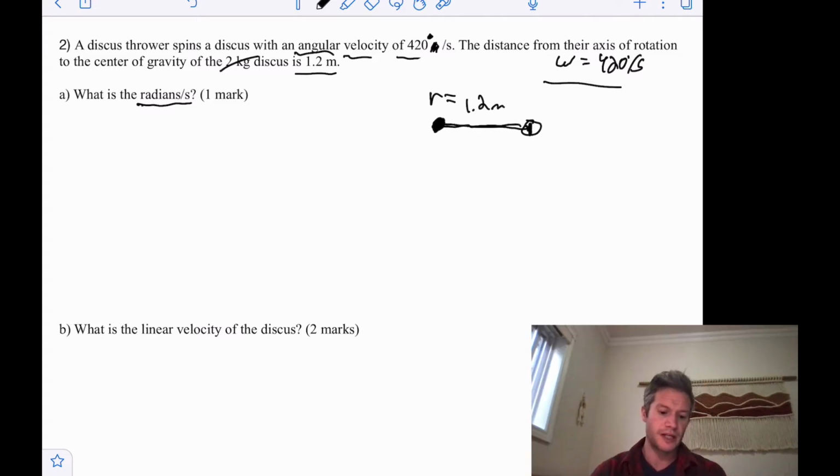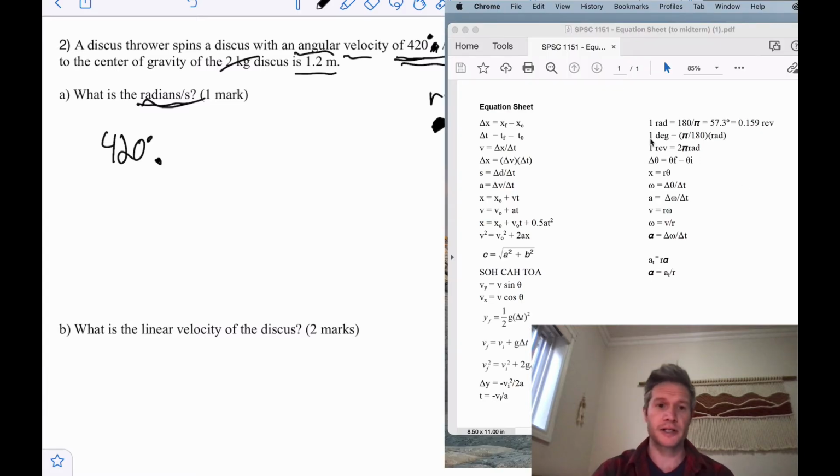We've collected our information. We're now going to go from degrees per second to radians per second. So what we'll do is we'll get our 420 degrees, and we're going to multiply that by a conversion factor. We can look at our equation sheet first to try to figure out what that is.